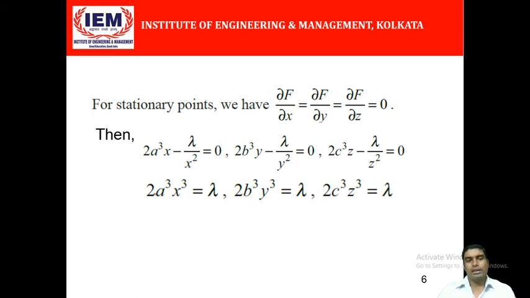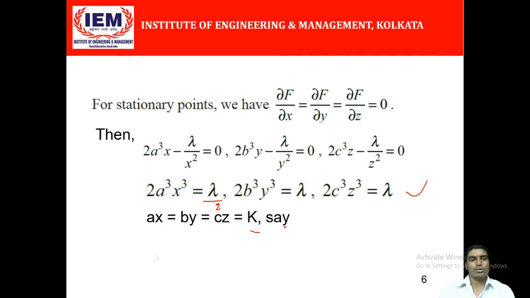Then I can also get this relation from this equation, because if I divide this one by 2 and take the cube root on both sides, then it will be ax equal to (lambda by 2) to the power 1 by 3, and similarly by equal to (lambda by 2) to the power 1 by 3, and so on. So I have denoted (lambda by 2) to the power 1 by 3 as k. So they are related: ax equals by equals cz, which is equal to some constant k.